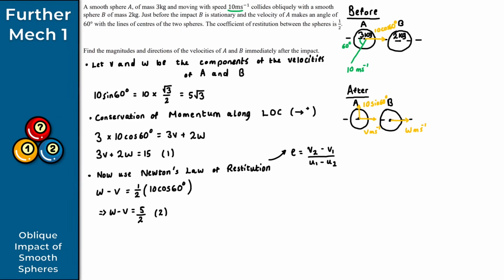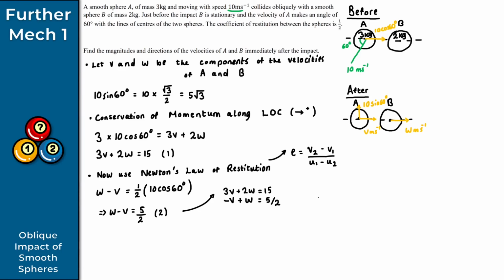It's just basic GCSE maths. If I write them down together, you can see what I mean then. So equation 1 is 3V plus 2W is equal to 15. And then for equation 2 here, that's minus V plus W is equal to 5 over 2 or 2.5, whichever you prefer.